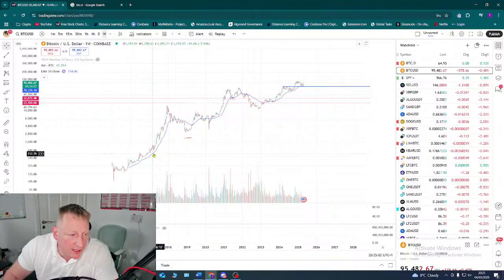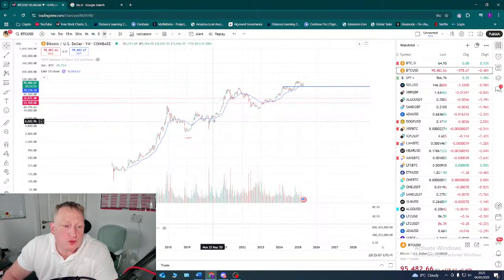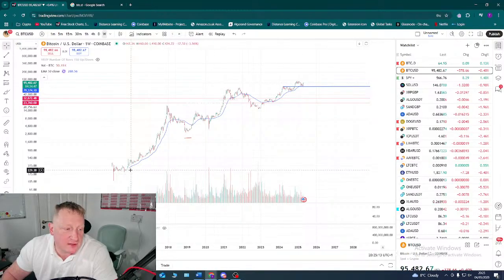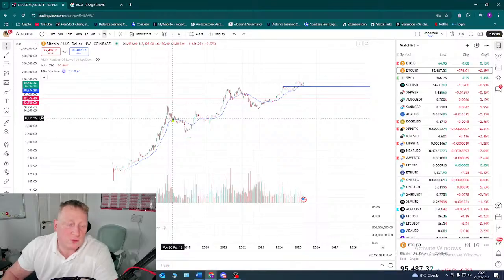This blue line here is one that I like to look at to see the overall trend as to where Bitcoin's going. Are we on the way up or are we on the way down? Because from November 2015 all the way to May 2018, Bitcoin kept on bouncing off of this blue line. So this blue line is really powerful to find out whether we're on our way up or on our way down.